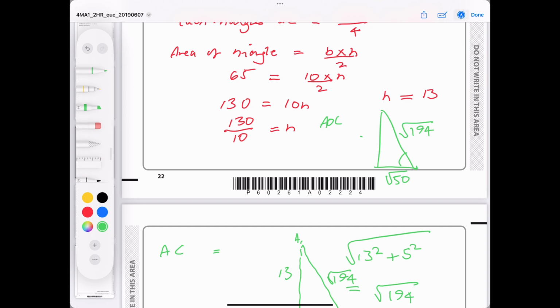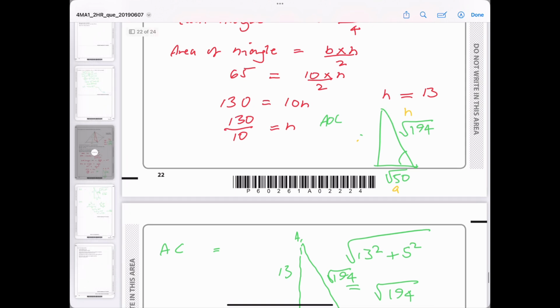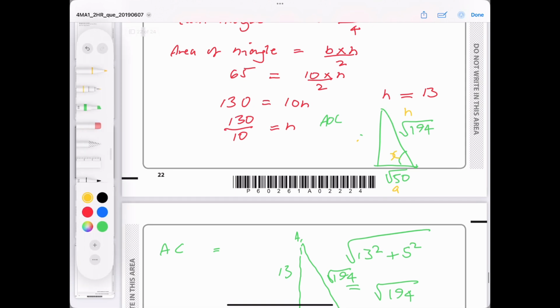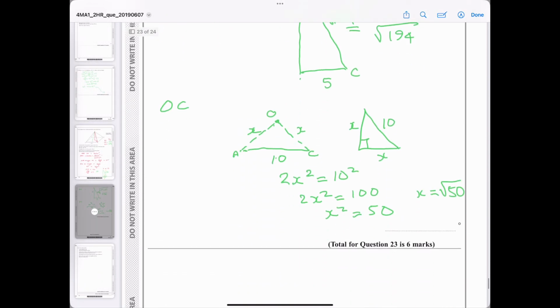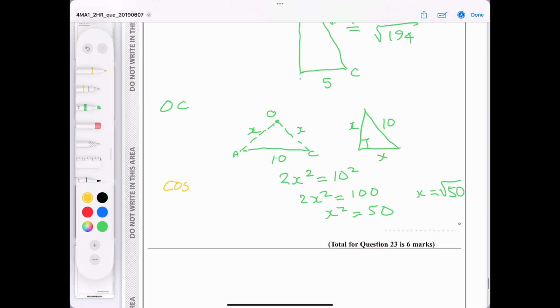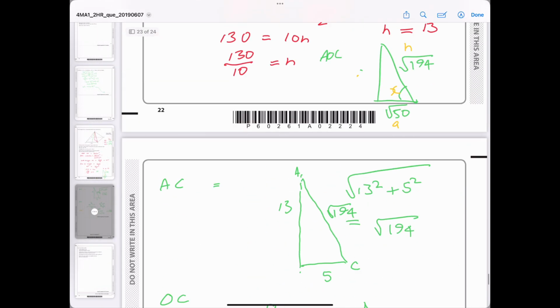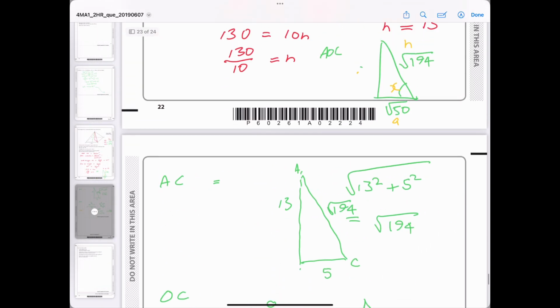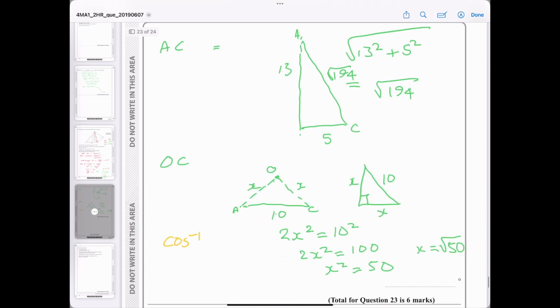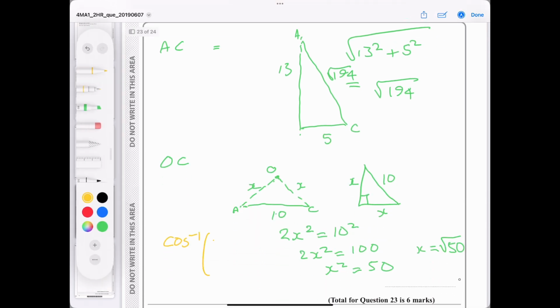So we can now use this being H, this being A, and this, who cares? So that means cos of whatever this is here, cos of x. So cos minus 1 equals A over H, so root 50 over root 194.